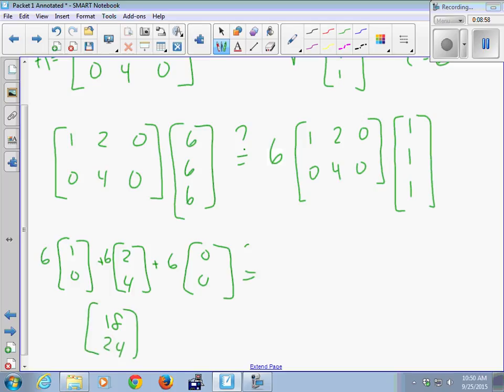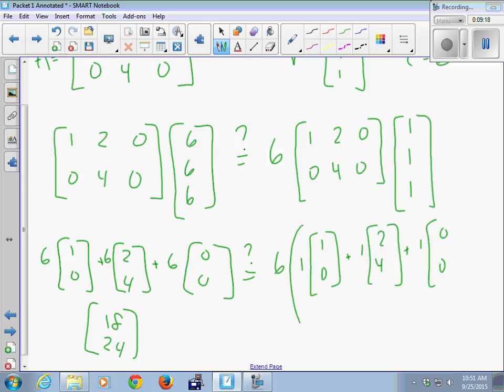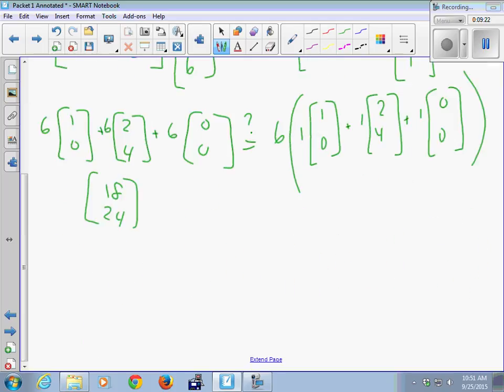Okay, does that equal 6 times the result, right? I'm going to do a big parenthesis. I don't want it to look like a matrix, just a big parenthesis. 1 times 1, 0 plus 1 times 2, 4 plus 1 times 0, 0. So inside the parentheses, I'm going to have 6 times, I'll do that all in one step.